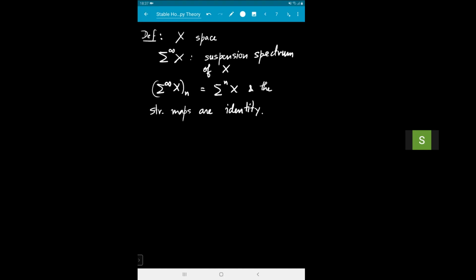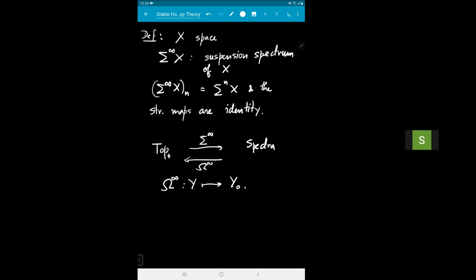Okay, so this gives you a functor from the category of based topological spaces to the category of spectra. It gives you a functor Σ^∞, and this functor has a right adjoint Ω^∞, which sends a spectrum Y to the 0th space.